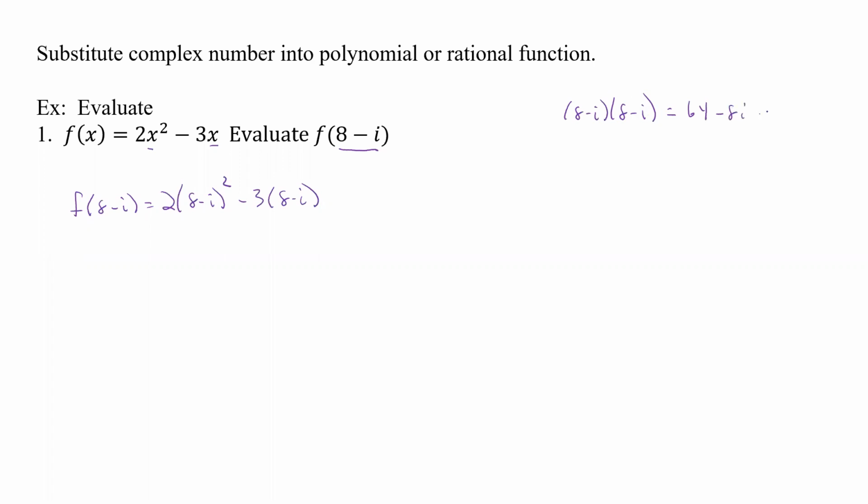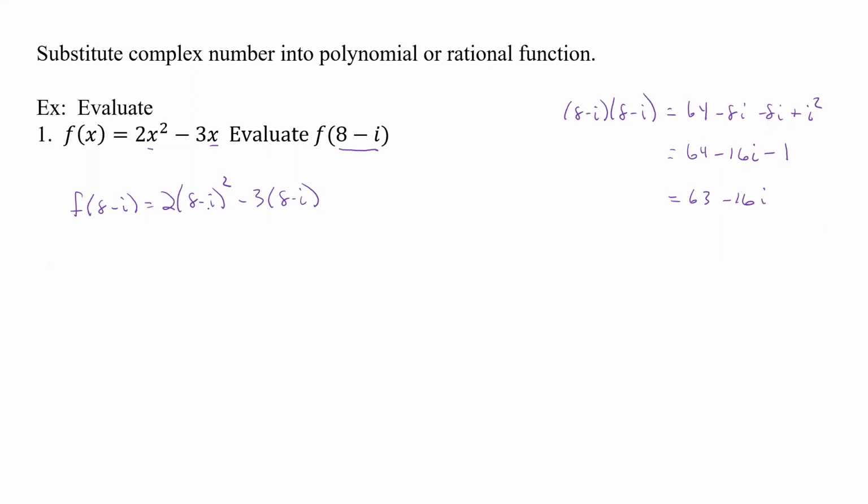And then we have another minus 8i. And then we have a minus times a minus is going to be plus, and that's going to be i squared. So that's 64 minus 16i. And then this is changing over to minus 1 because i squared is negative 1, and 64 minus 1 is 63 minus 16i. So that's the part here.